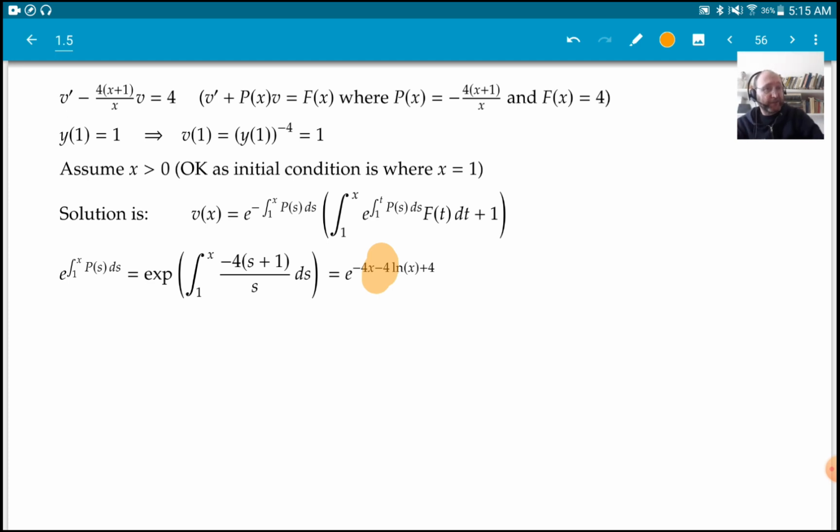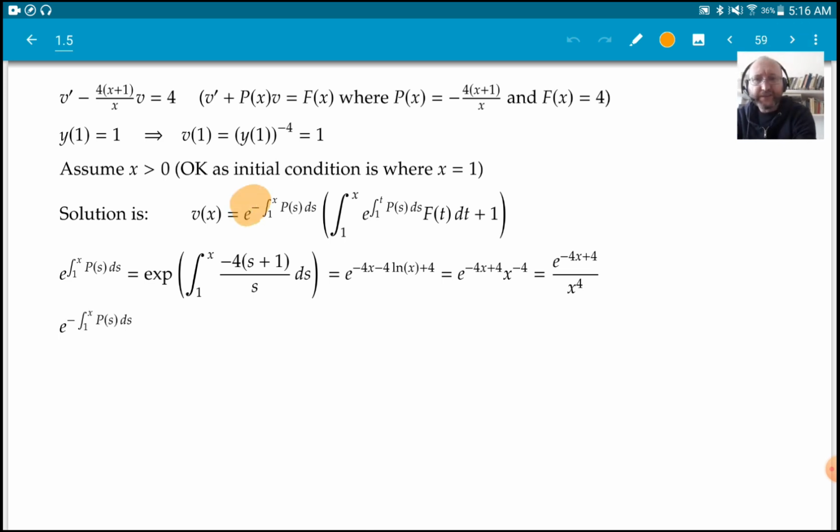So by laws of exponents, that's the same as taking e to the -4x times e to the logarithm term. That logarithm turns e to the logarithm of x to the -4 into just x to the -4. So you could write it like this, or maybe like this if you prefer.